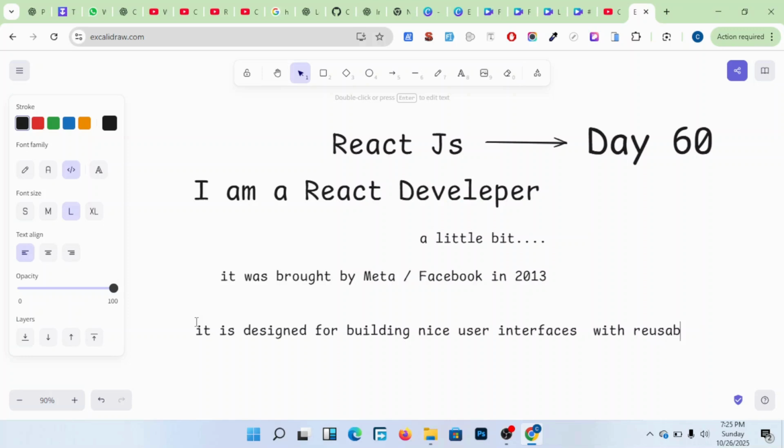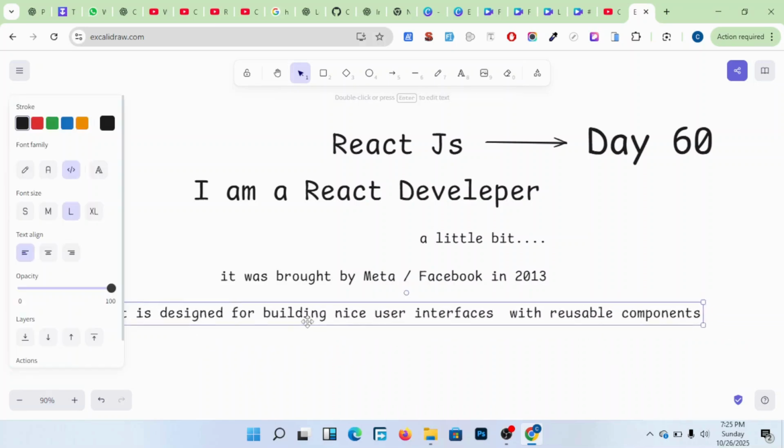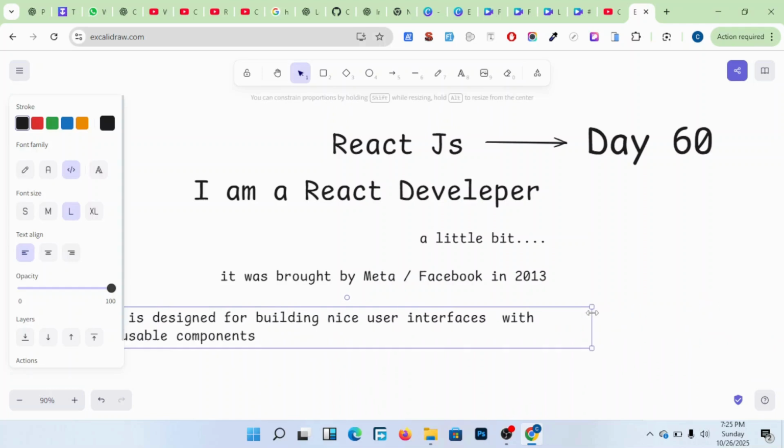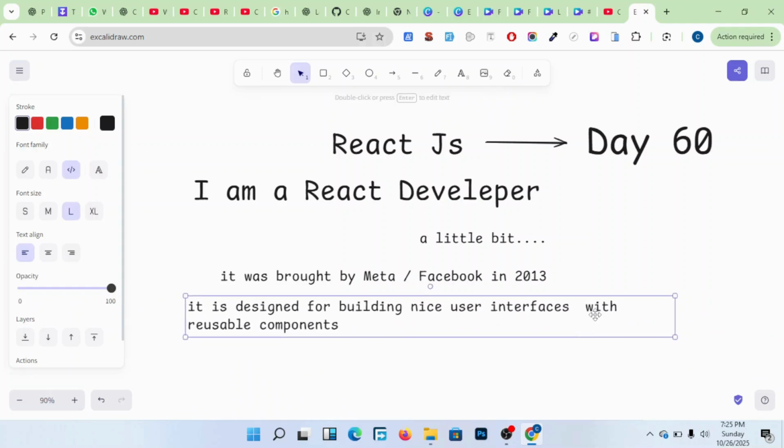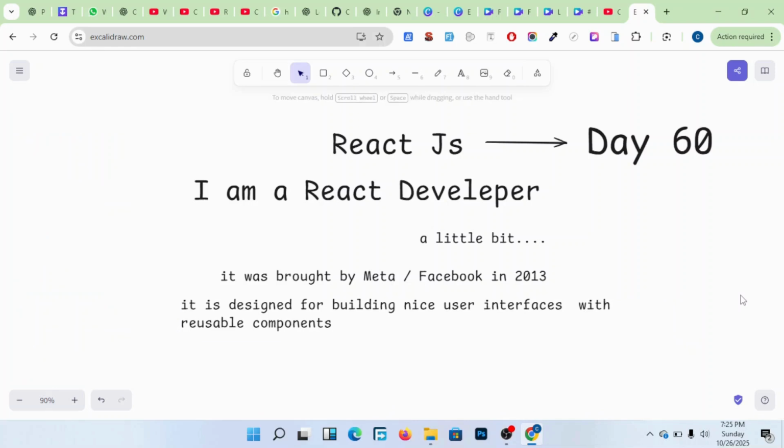So this is how React is: it was designed for making nice user interfaces with reusable components.